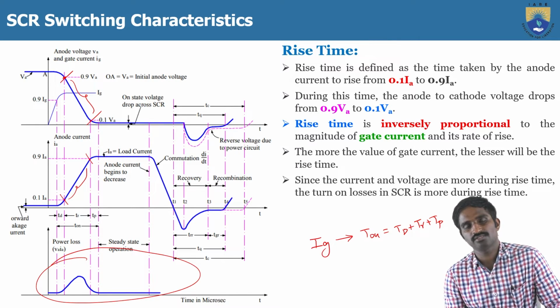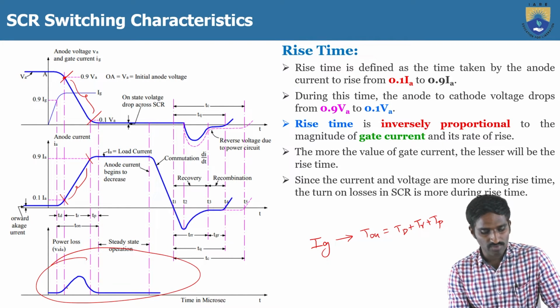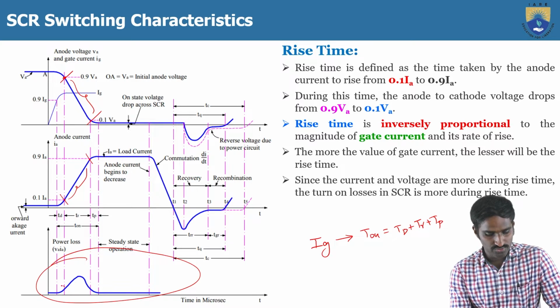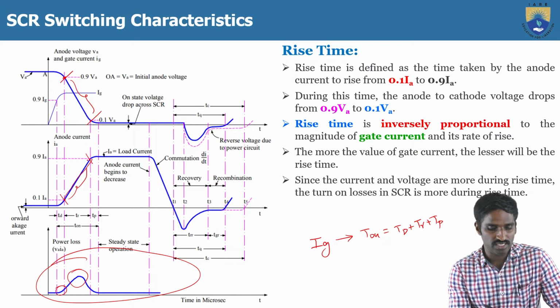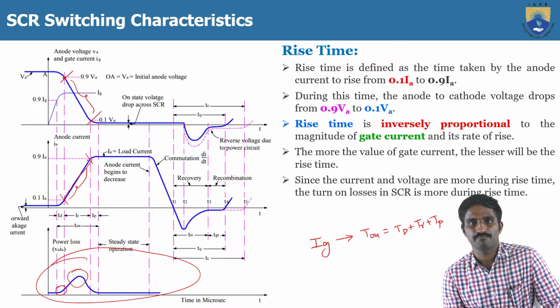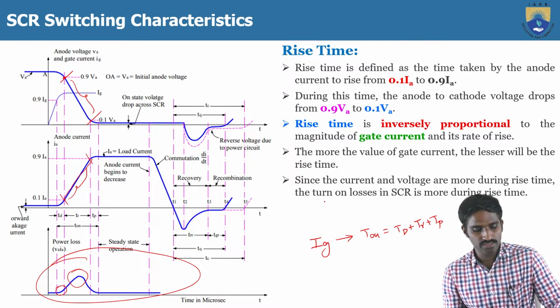During the delay time, the power losses are small, but during the rise time you can see the power losses are more, because the anode current is high during this time. So this is another point that we must remember during this rise time.